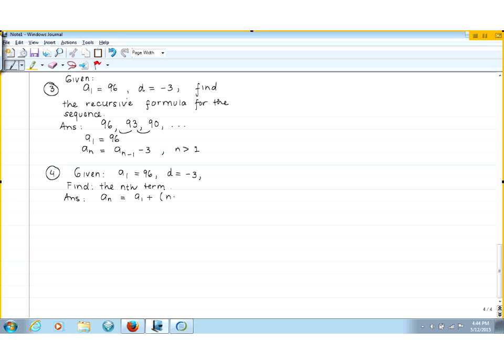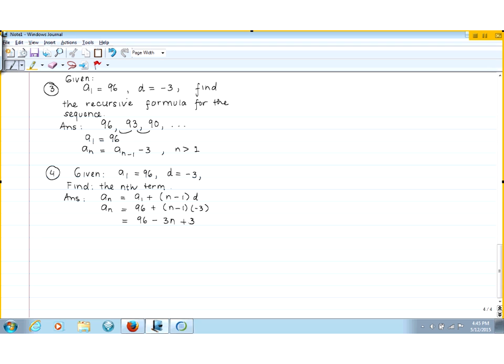Well, just substitute the formula. AN is A1 plus n minus 1 times B. So AN is A1, this is 96, plus n minus 1 times -3.